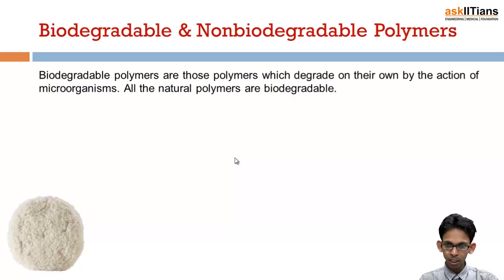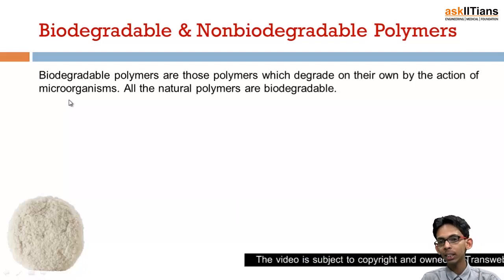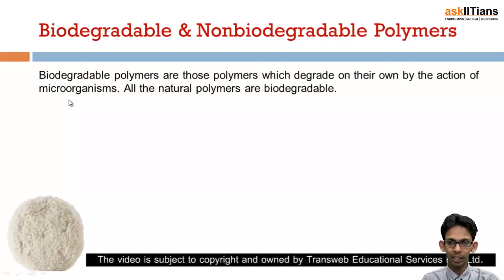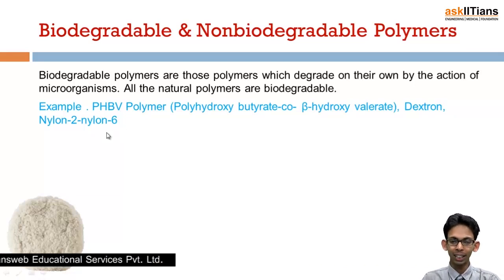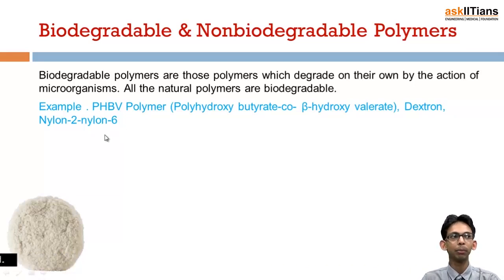Now, biodegradable and non-biodegradable polymers. As the name suggests, biodegradable polymers are those polymers which are easily degraded on their own. That means they are affected by the action of microbes. They undergo degradation by the action of microorganisms, and all the natural polymers are biodegradable, like PHBV polymer or dextron, or nylon 2, nylon 6. Apart from that, there are many more like proteins or nucleic acids.